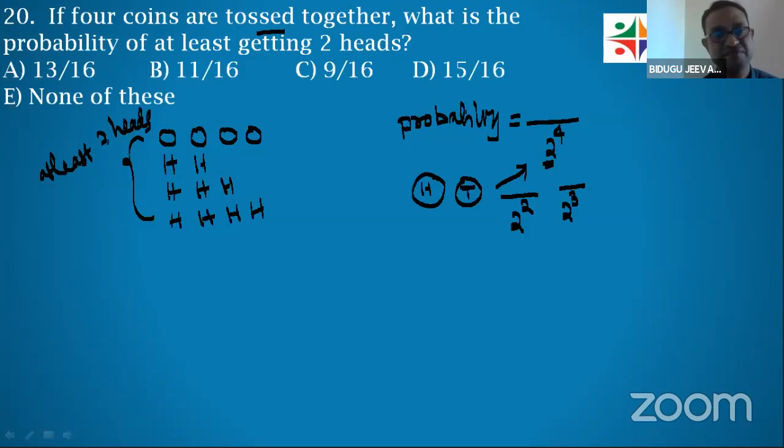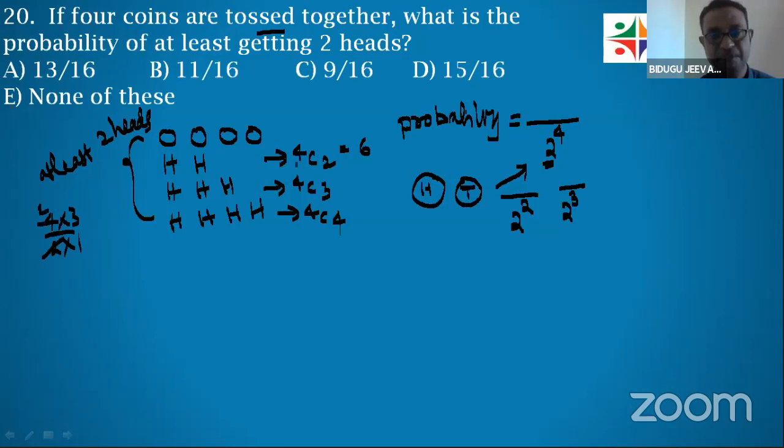Following? I hope you understood. At least 2 heads. You may get 2 heads, or 3 heads, or 4 heads. This can be written as 4C2, 4C3, and 4C4. Let me write the values. 4C2 is nothing but 6. Let me do 4 into 3 by 2 into 1.